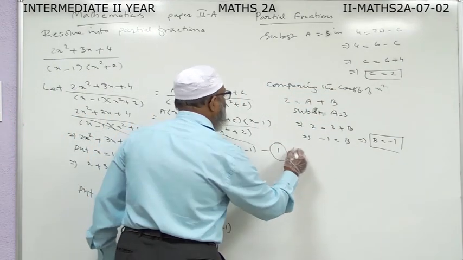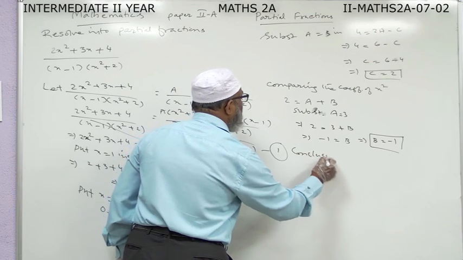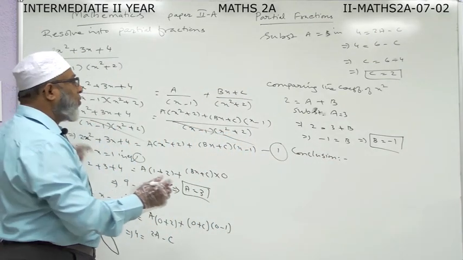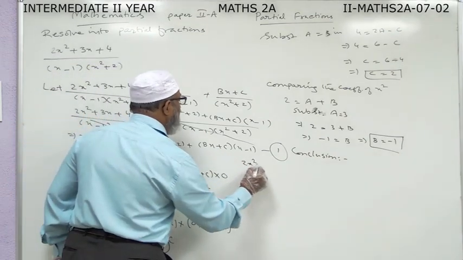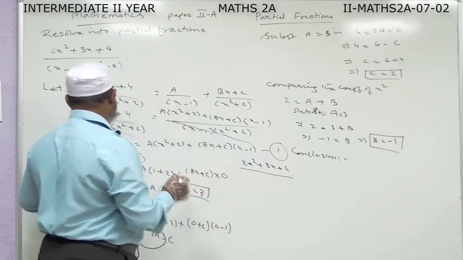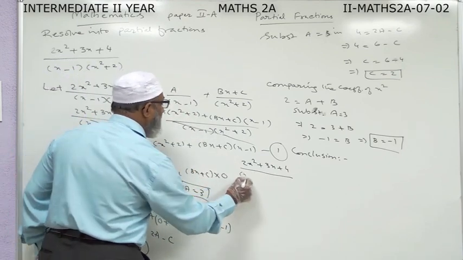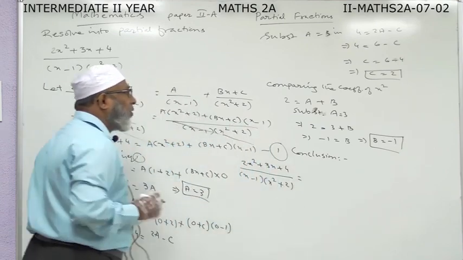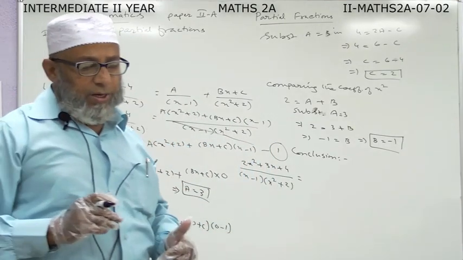In the last step, I have to write the conclusion. What is the conclusion? This is 2x square plus 3x plus 4 divided by x minus 1 into x square plus 2 is equal to. Now, what are the values of A, B and C?